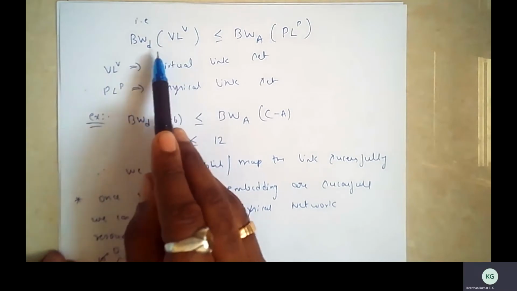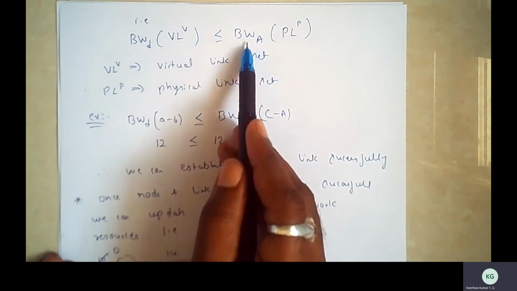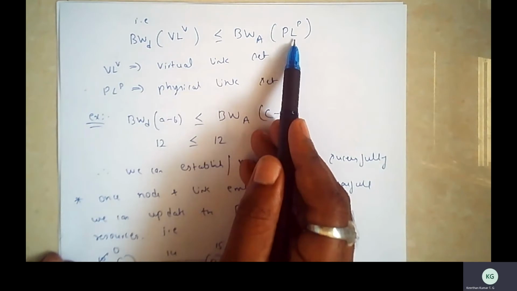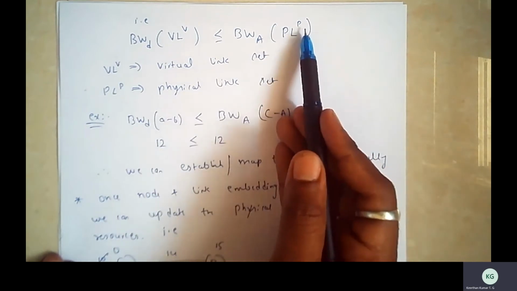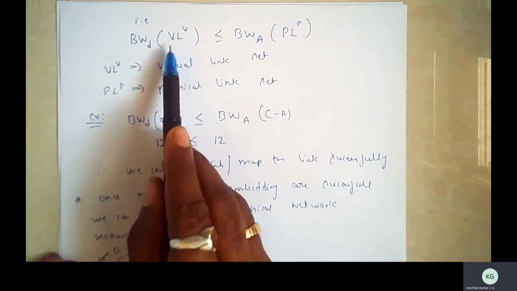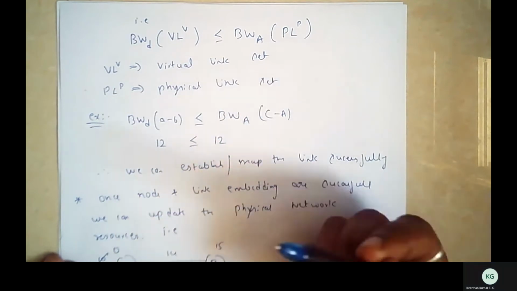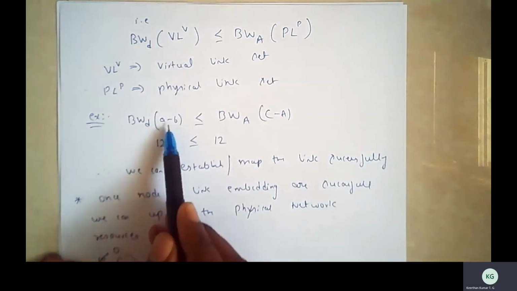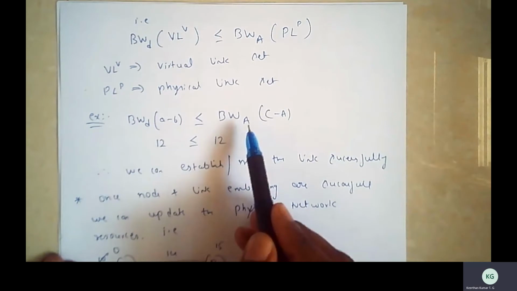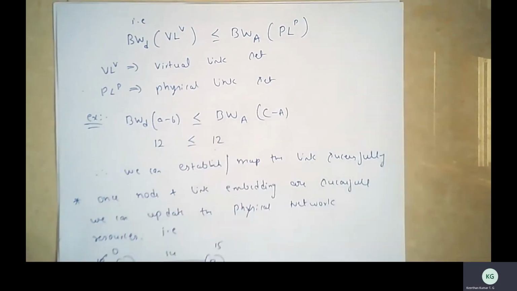The bandwidth demand of the virtual link belonging to the virtual network request graph must be less than or equal to the bandwidth availability of the physical link paths of the physical network, where these two represent sets, corresponding to all the virtual links and all the physical link paths. Here the bandwidth demand of A to B is 12 and the bandwidth availability between C to E is 12. So the constraint is matched and I can do the successful link embedding.